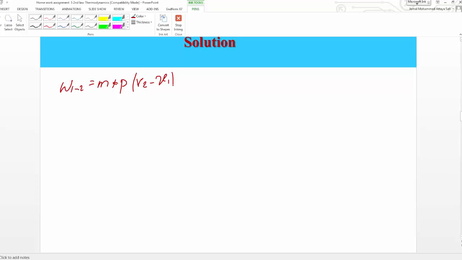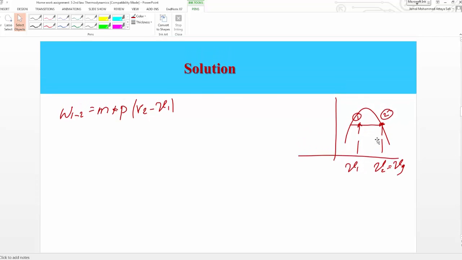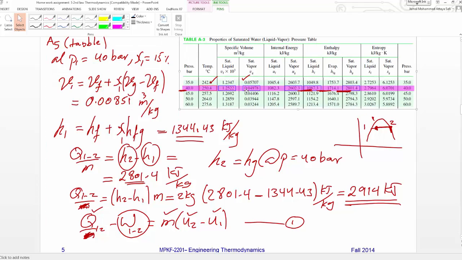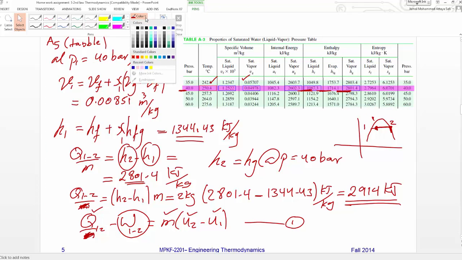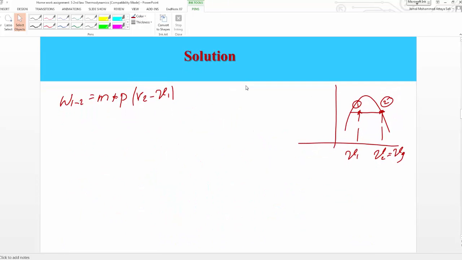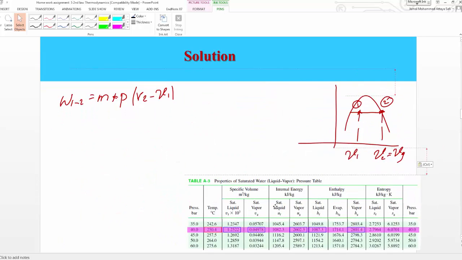And remember, again, I will draw it so you know where we are. We started at 1 here, and we came to 2 here. So this is V1, this is V2. And remember, V2 is like Vg. I read it from the table. So I can go here, and it's here. I just take it with me and put it down here.